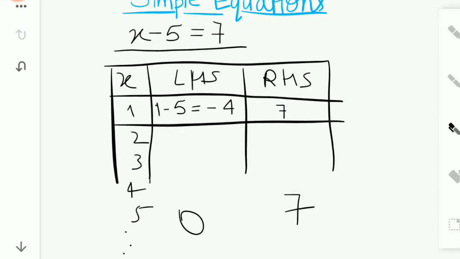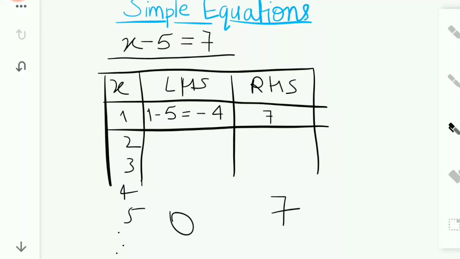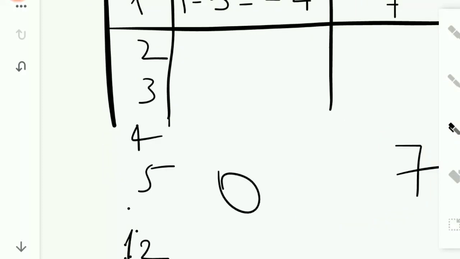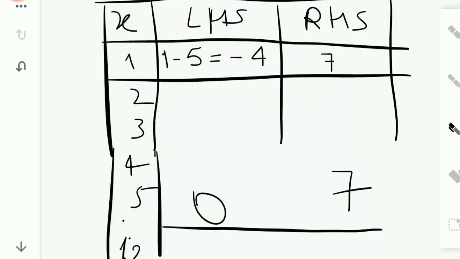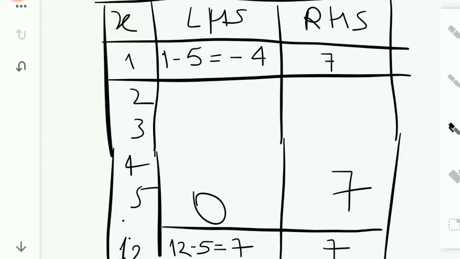After that I'll have to write so many trial numbers and then I'll get 12. At x equal to 12, this will be equal to 12 minus 5 equal to 7, and then this will be equal to 7.